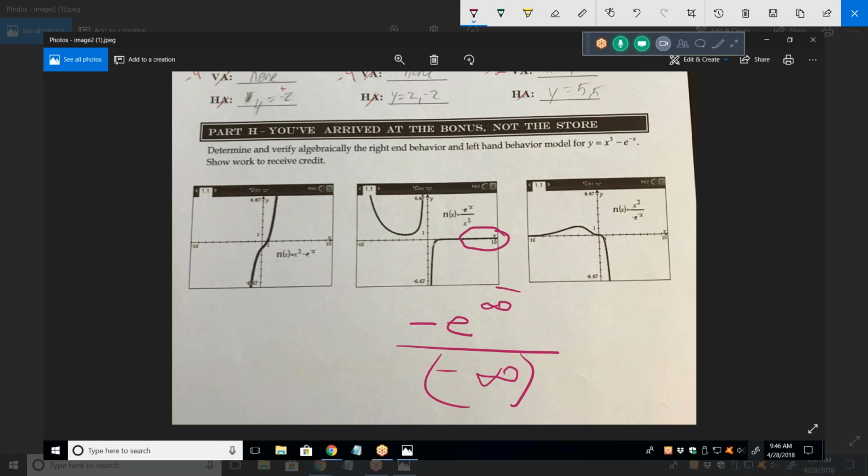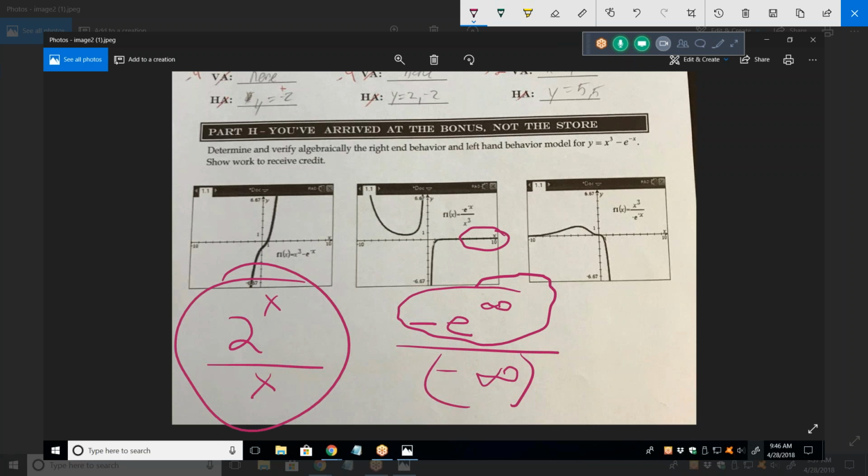However, exponential growth is greater than polynomial growth. In other words, if I have 2 to the x over x, what's the limit of that as x goes to infinity?